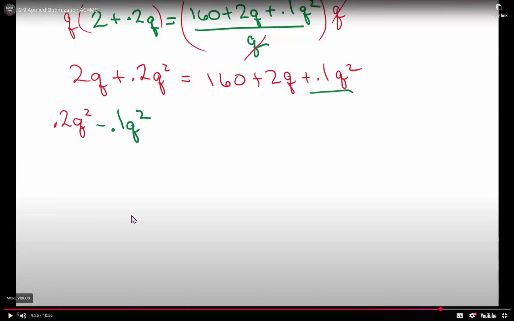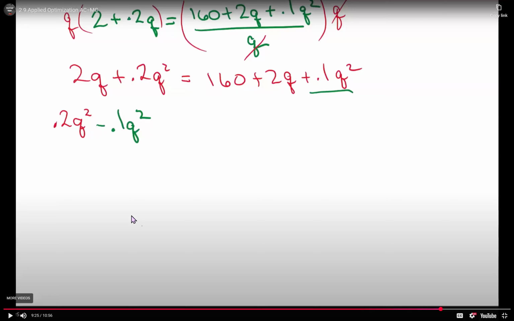Could you do it on the right side? I did it on the left side because I want my Q squared to be the first term, and if I go to the right, it's going to make it negative, because it'll be 0.1 minus 0.2, and I'll have negative Q squared. So I went to the left, so I have 0.2 minus 0.1, which is 0.1. But yeah, you can go either way.